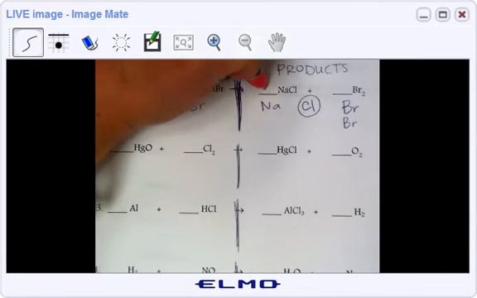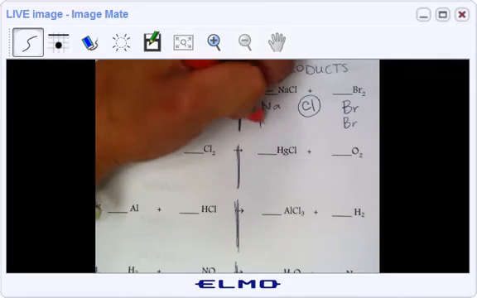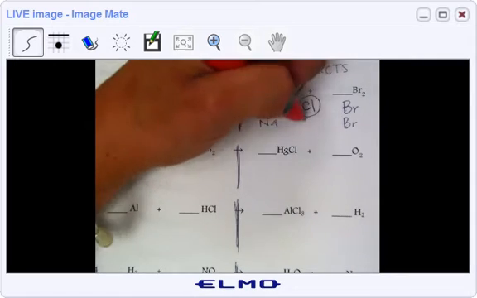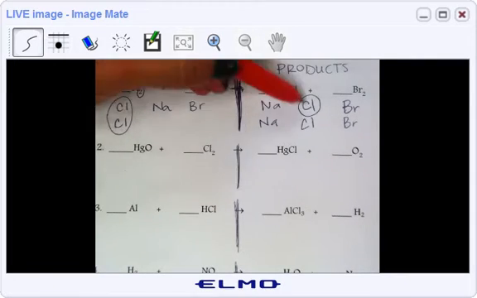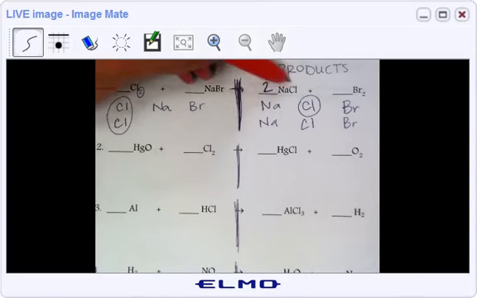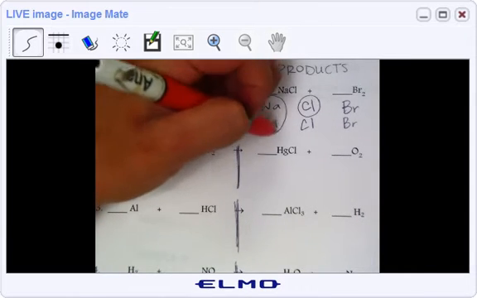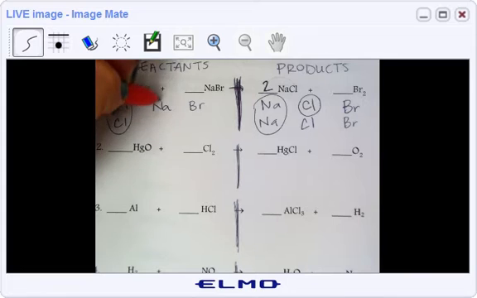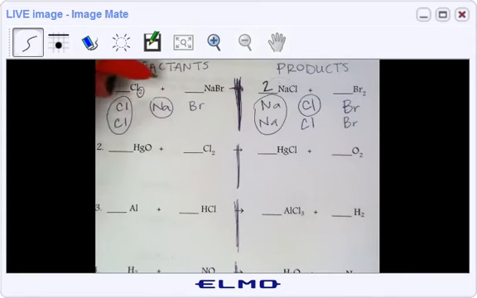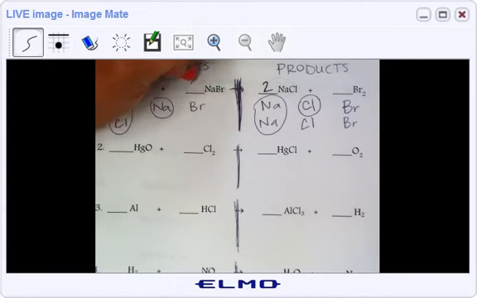So I'm going to start off with putting a 2 here. By putting that 2 there, it says I have 2 Na and 2 Cl, so it goes for both of them. 2 Na, 2 Cl. Now are we equal on both sides? No, we are not. I have 2 Na over here and I only have 1 here. So on this side, I'm going to put a 2.